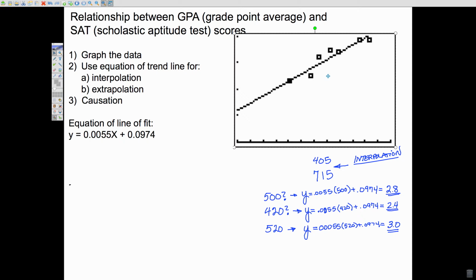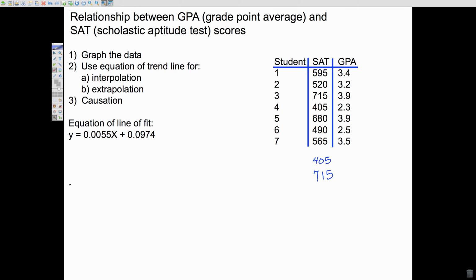But again, that's okay. The important thing is that we found the line of fit, and we can use that equation to interpolate. That means to find values that are within the values in the table but are not specifically listed.